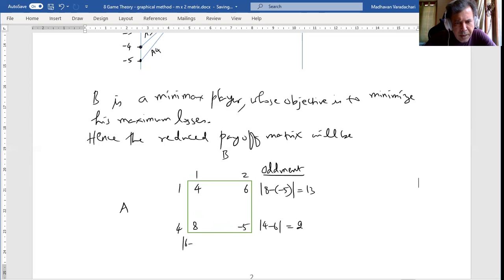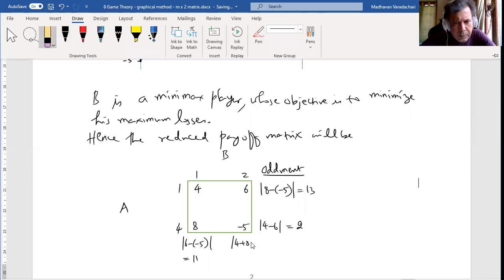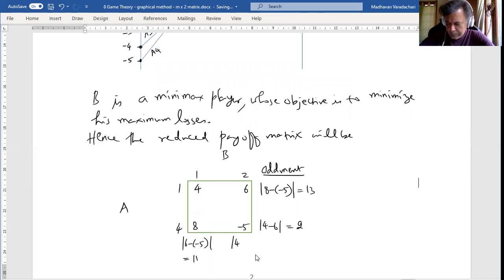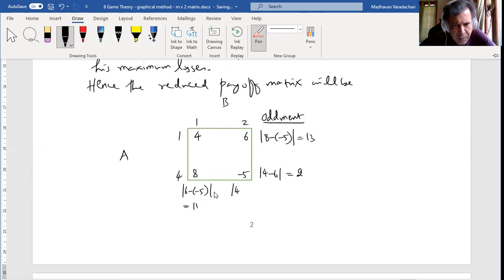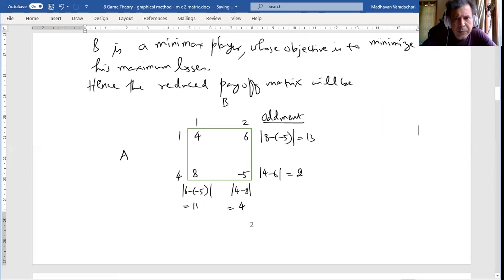Here it is 6 minus of minus 5, which gives 11. Here it is 4 minus 8, which gives 4.